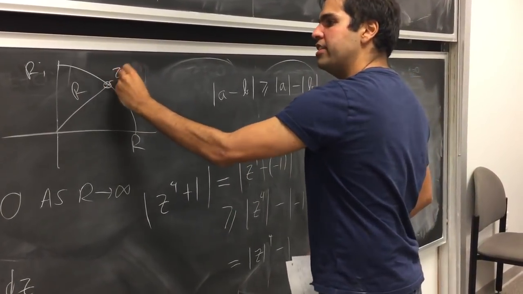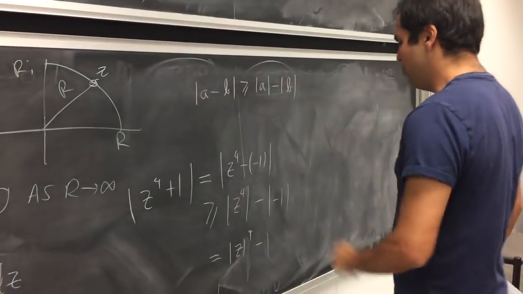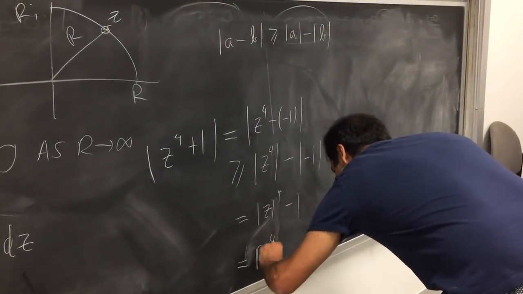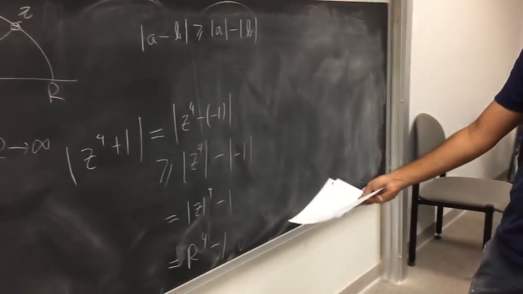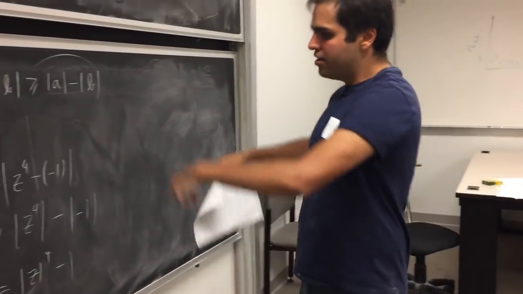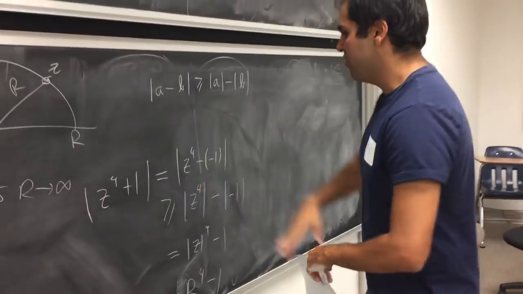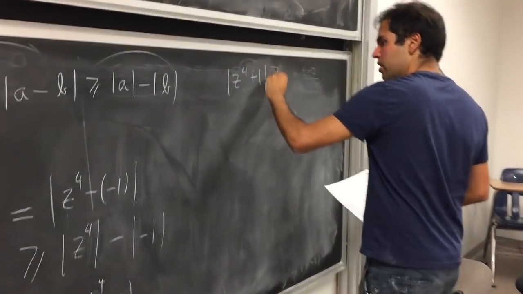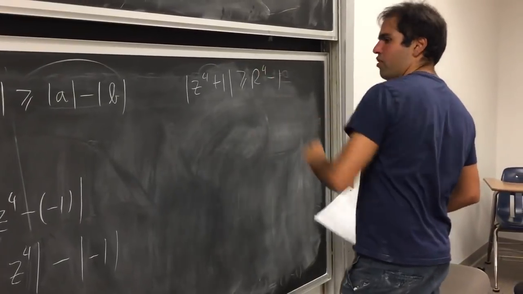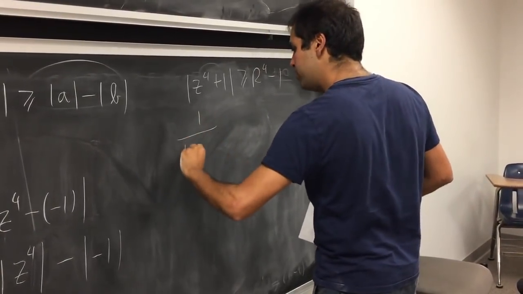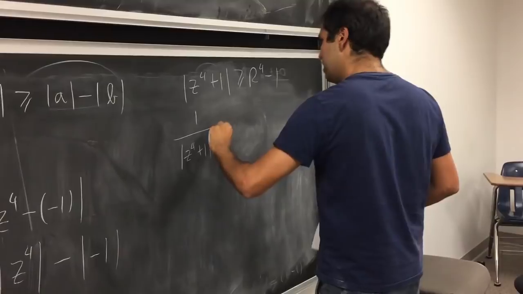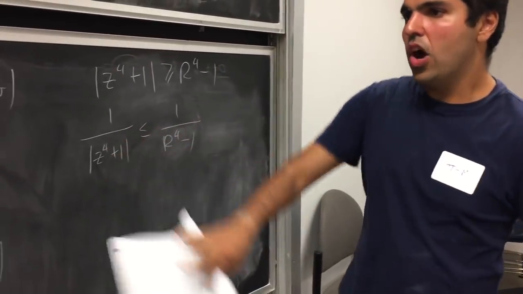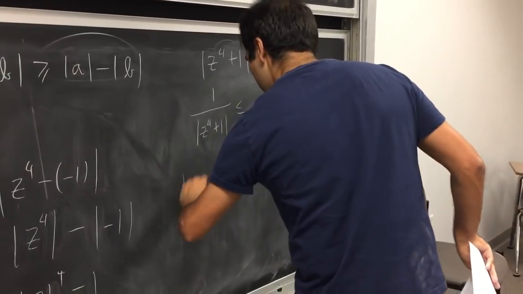So whatever z we have here, its modulus will be r. So this is r to the 4th minus 1. So putting everything together, the absolute value of z to the 4th plus 1 is greater than or equal to r to the 4th minus 1. So 1 over that is less than or equal to 1 over r to the 4th minus 1.